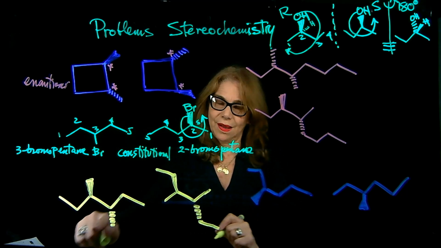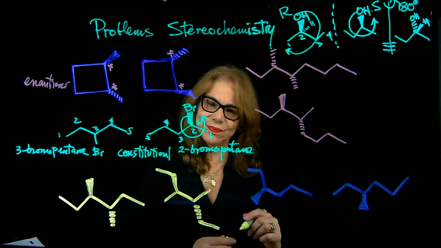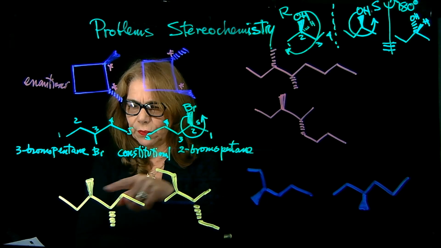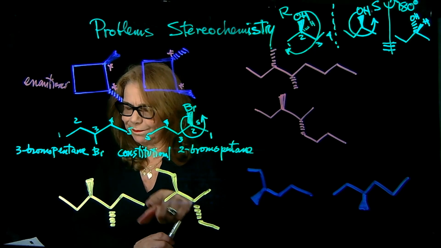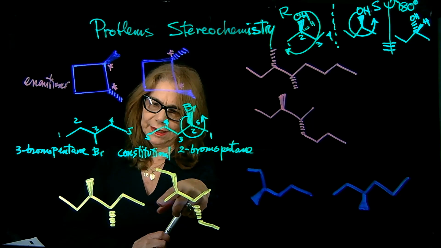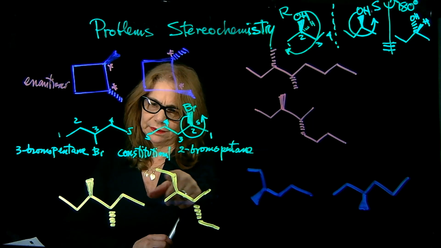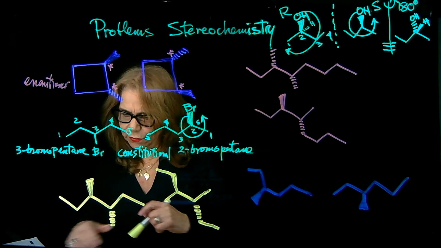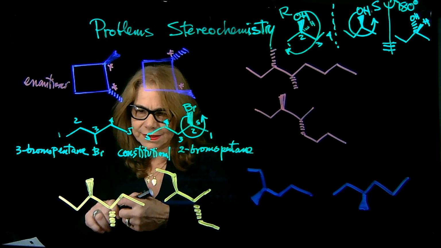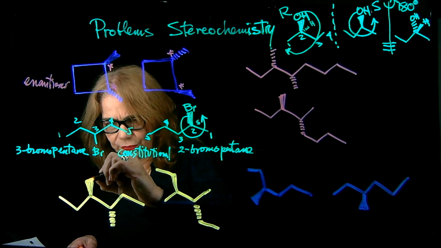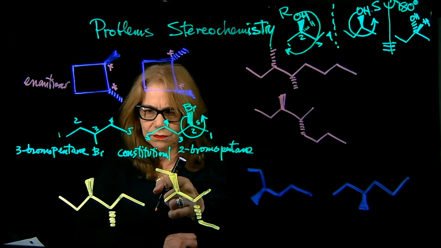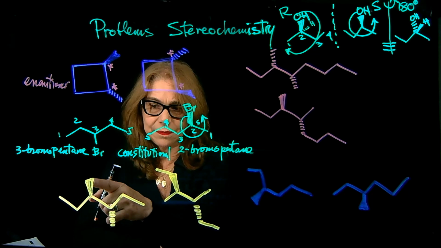Okay, now moving on to this one. Let's see what we have. Here we have a methyl and methyl here, methyl, ethyl, methyl, ethyl. But what we see here is, let me draw it better, ethyl on wedge, and here methyl on wedge.